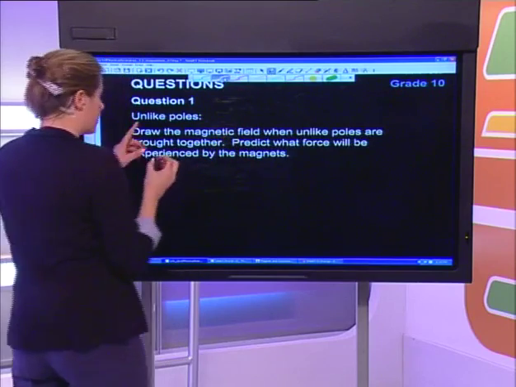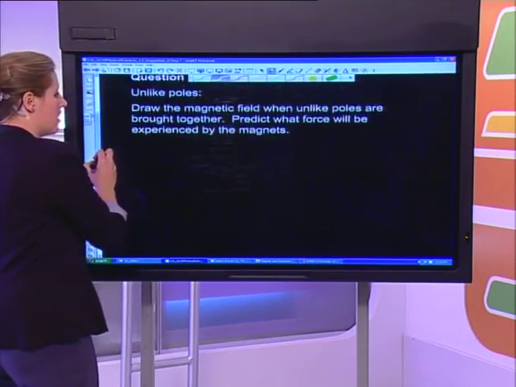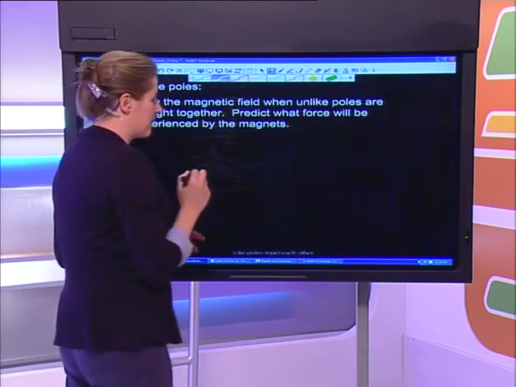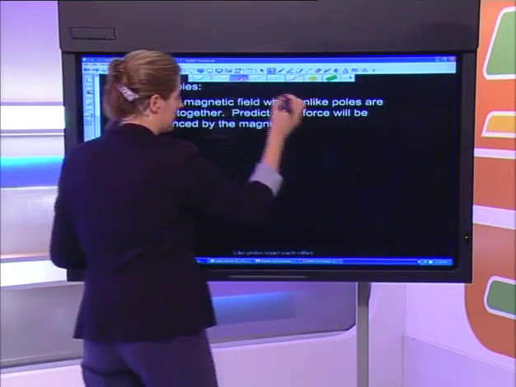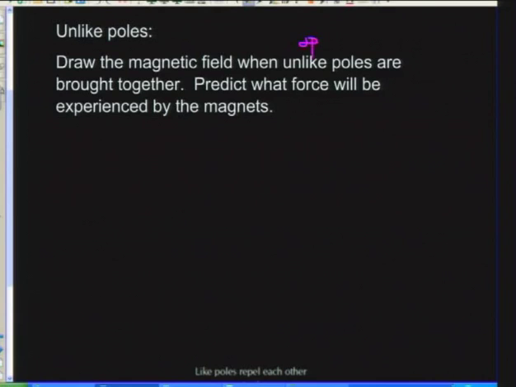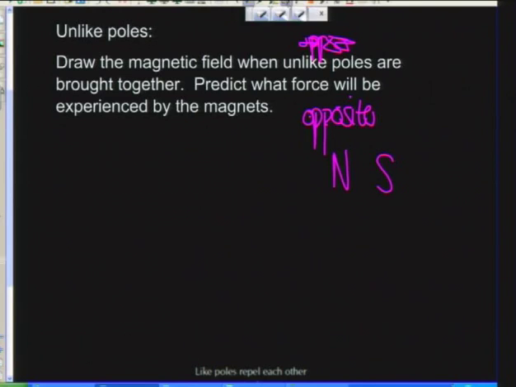We are asked to draw these. So draw the magnetic field when unlike poles. Well, unlike would be opposite. So that's going to mean a north pole and a south pole, opposite poles together.